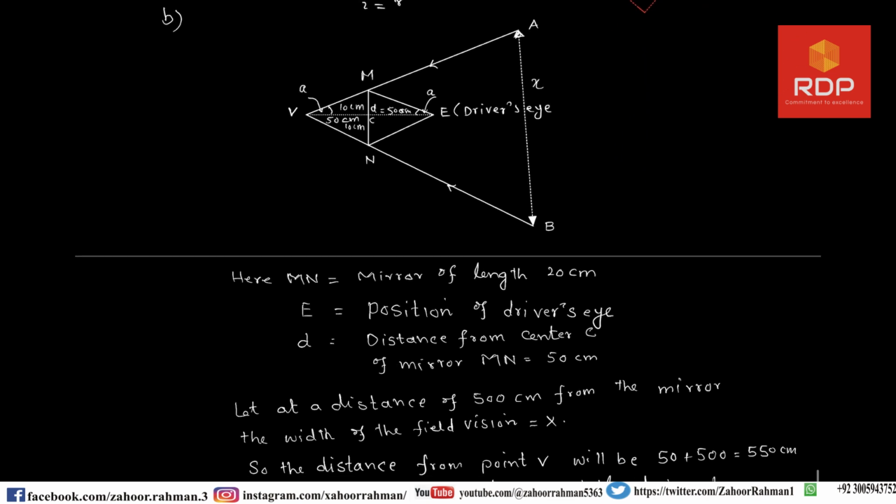Now we are turning to a very important question, and that is part B of question number 1. A bus driver looks into a plane mirror which is 20 centimeter long. Now this is a plane mirror, and that is 20 centimeter long.